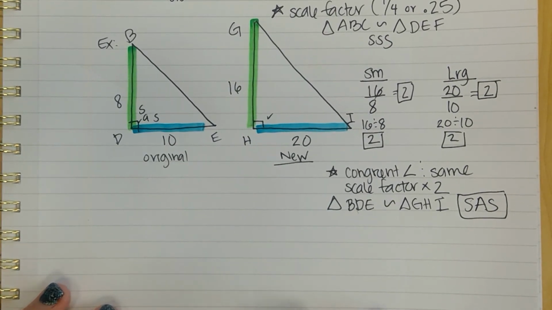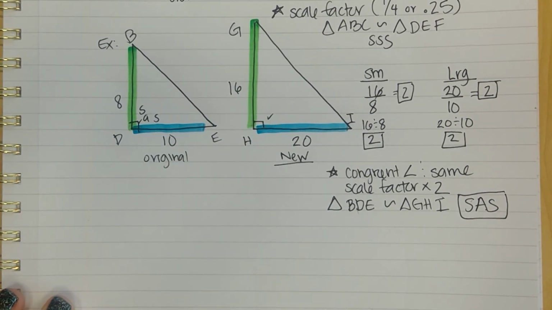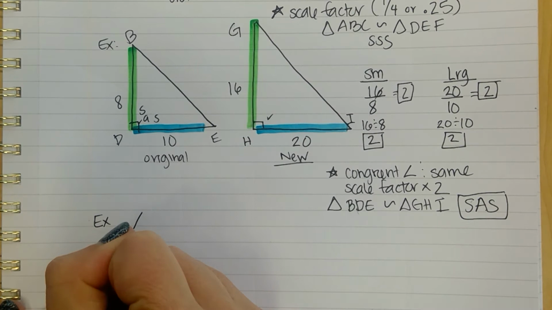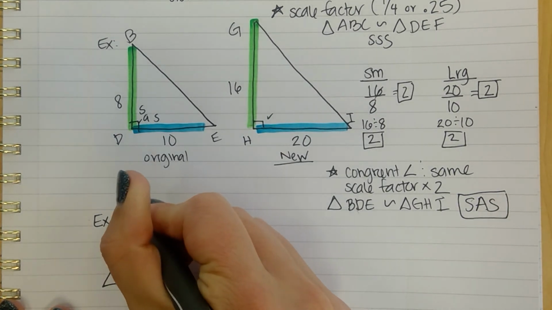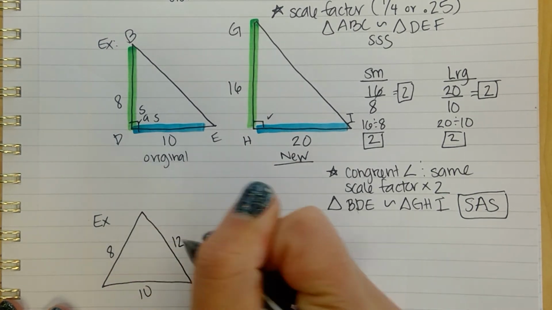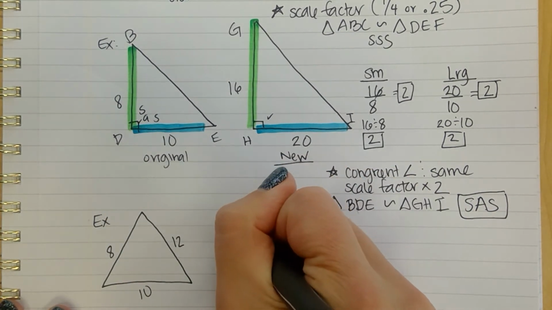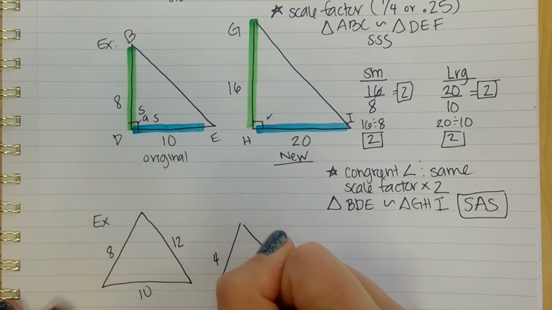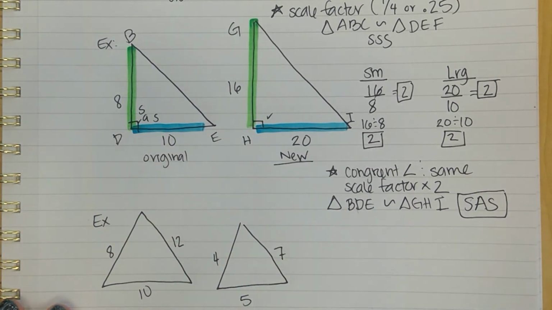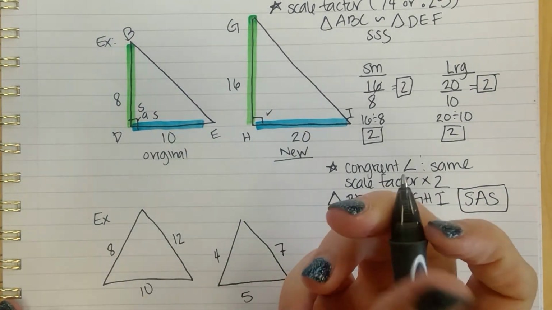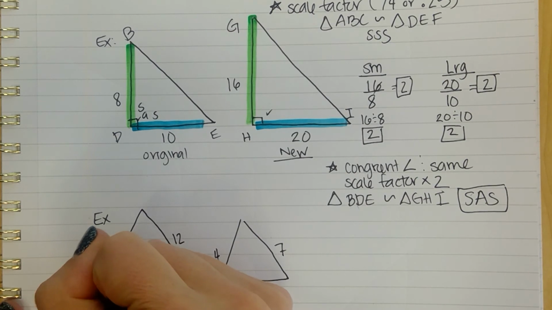What you're going to see on this last problem is you might get a problem where your triangles don't match up. So say I have this triangle 8, 10, 12, and over here I have this triangle 4, 5, 7. Some of you would be able to identify right from the get-go.